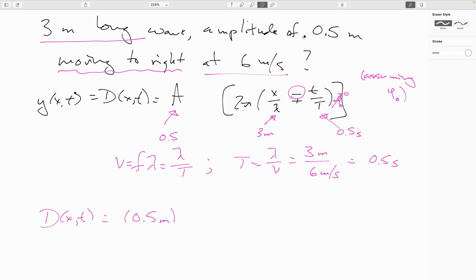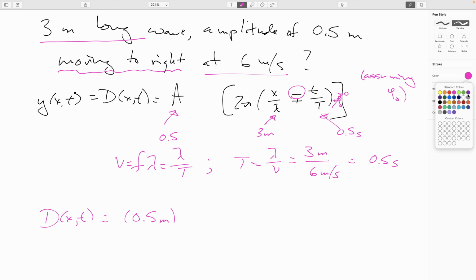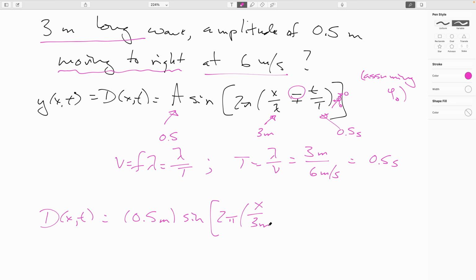All that does is change the phase by 90 degrees anyway, but I just want to stay consistent. Times the sine of 2 pi x over 3 meters minus t over 0.5 seconds. And there you go.